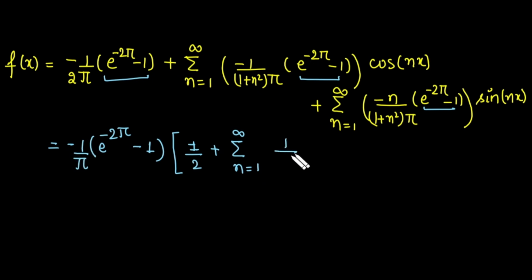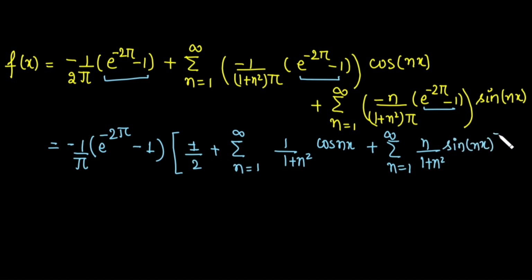The remaining term is 1 upon 1 plus n square into cos of nx, plus summation n from 1 to infinity n upon 1 plus n square into sine of nx. This is the final Fourier series approximation of e raised to power minus x from 0 to 2 pi.